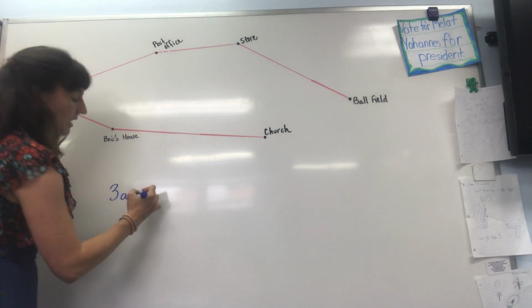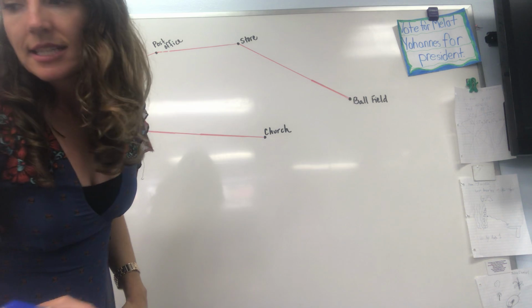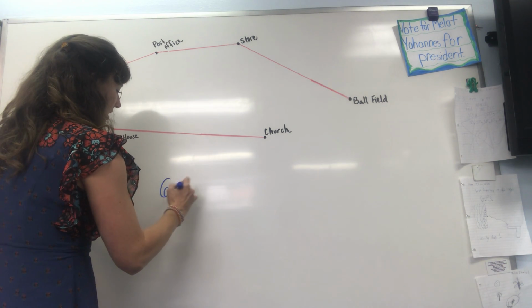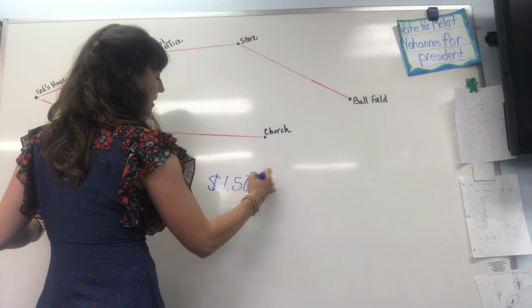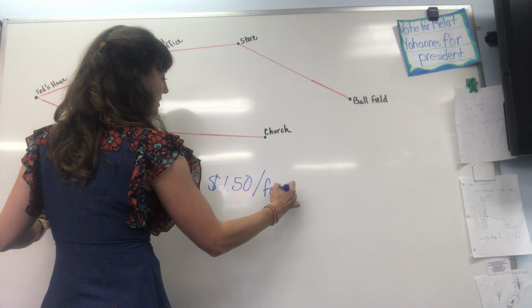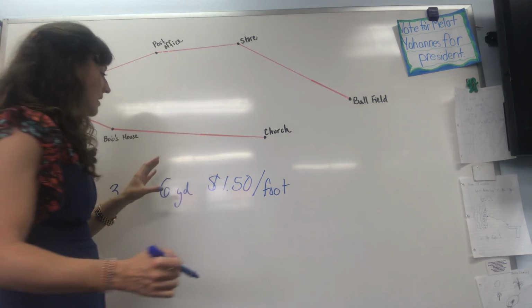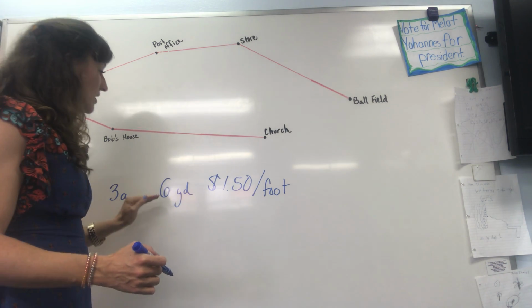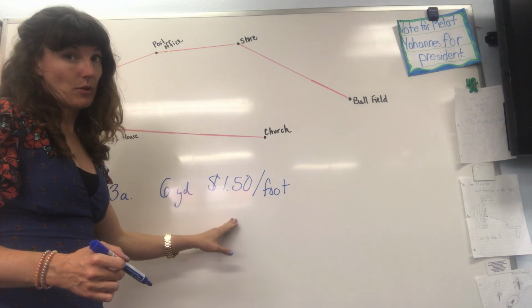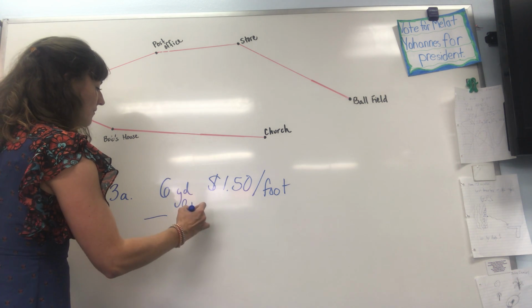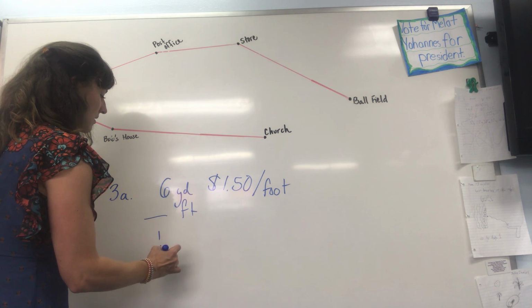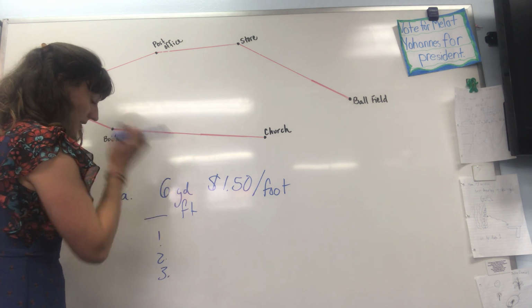So, she bought 6 yards, and it is $1.50 per foot. Okay, so I'm going to change my yards into feet and then multiply, okay? So 6 yards becomes how many feet?